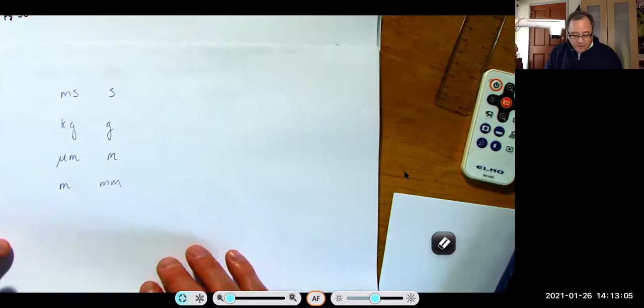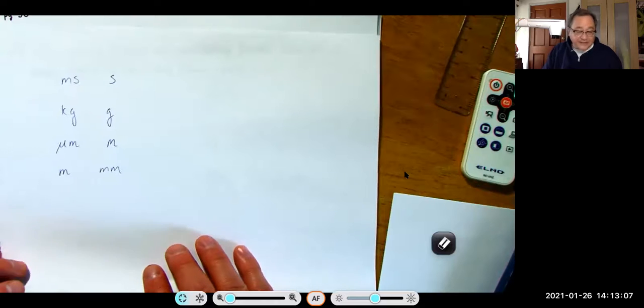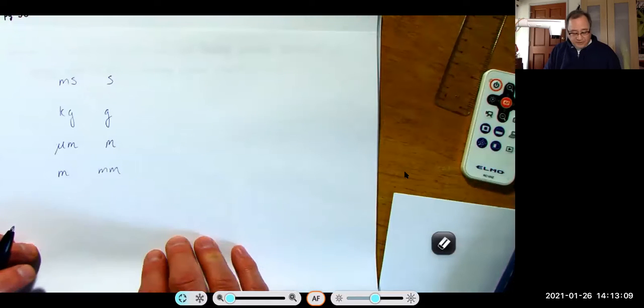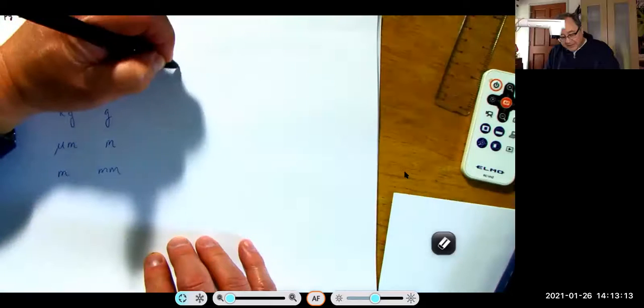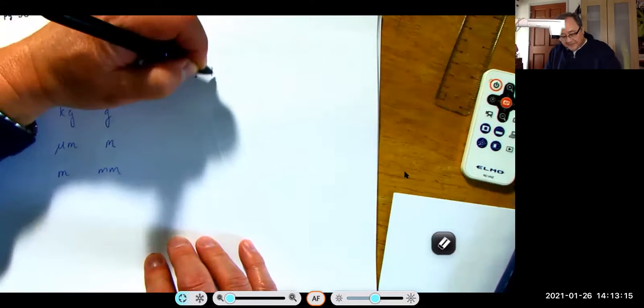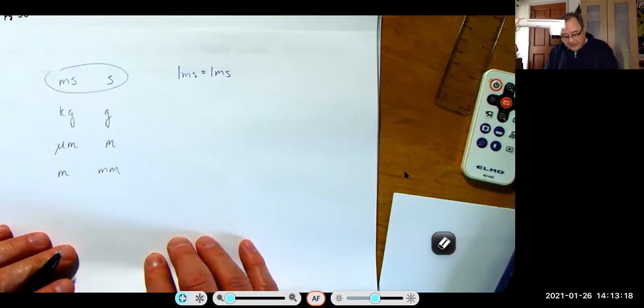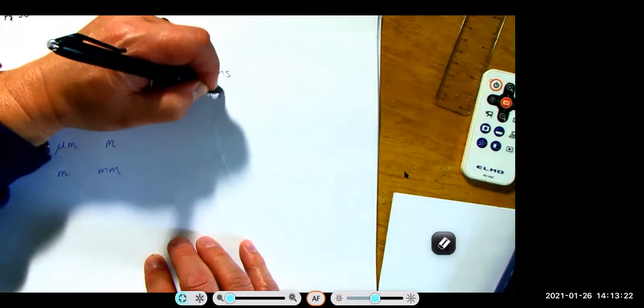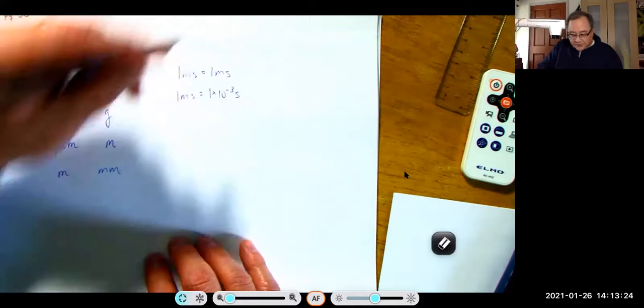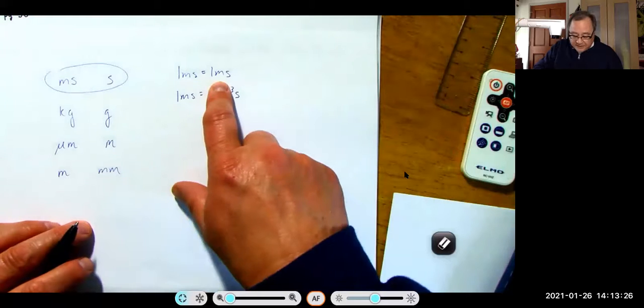And that's why I'm trying to teach you a way to get these rather than just teaching you to memorize them. So if you wanted this one, you would start off with 1 millisecond is 1 millisecond. And then you get rid of one of the millis. And when I say get rid of it, you actually substitute it for one of the millis, the real number.